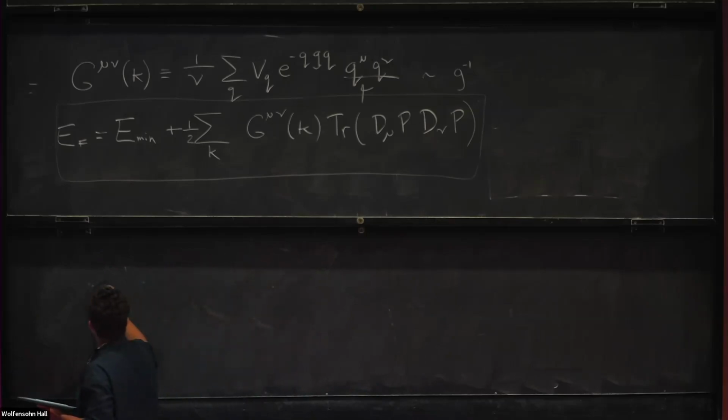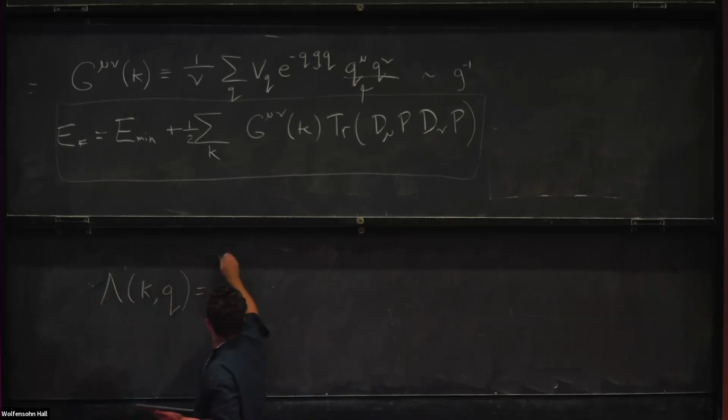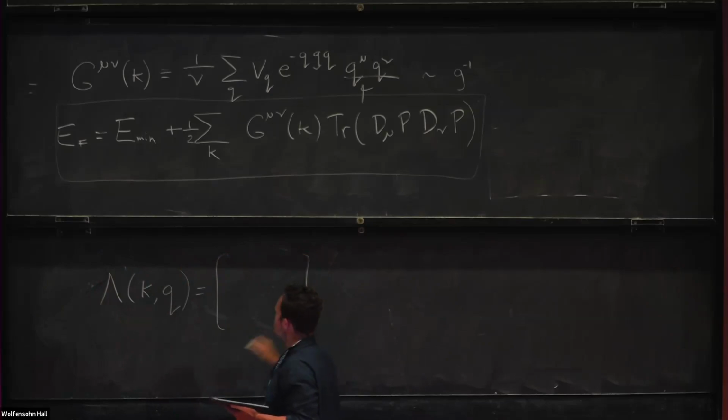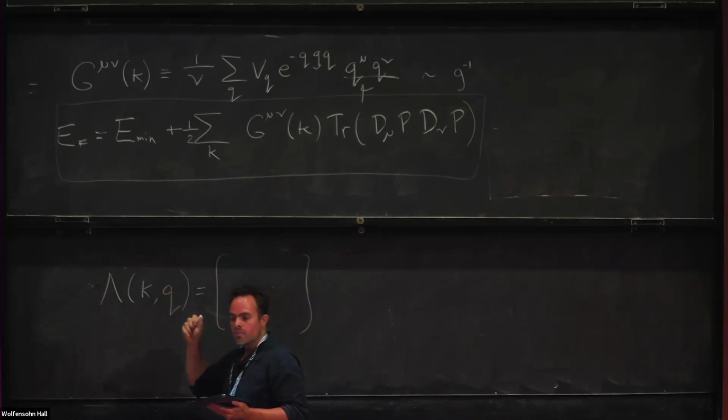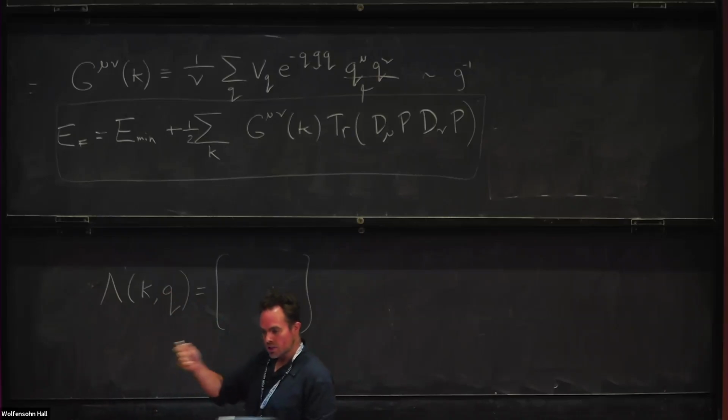When we calculate lambda KQ, this is a 2 by 2 matrix. When we focus on small q, there's not enough momentum to lead to a matrix element between the 2 valleys. So as a result, whatever the form factor is actually going to be diagonal.